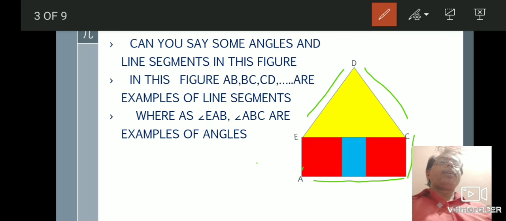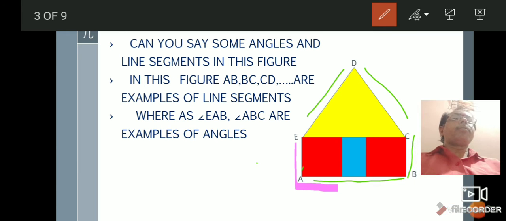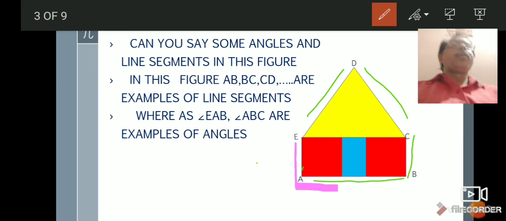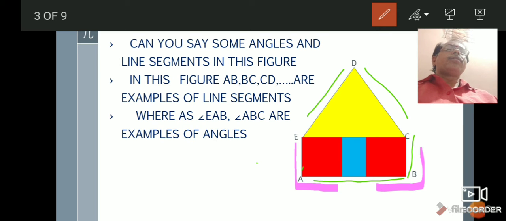So here we can again observe those angles, E, A, B, and also A, B, C. Like this you can write the angles like DEC, ECD, here and here also. Like this we can write other angles.